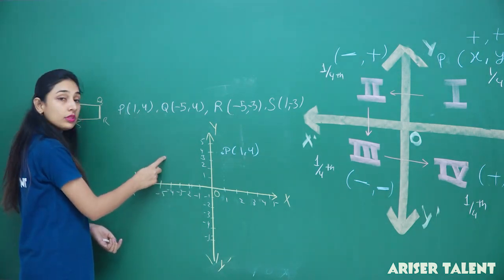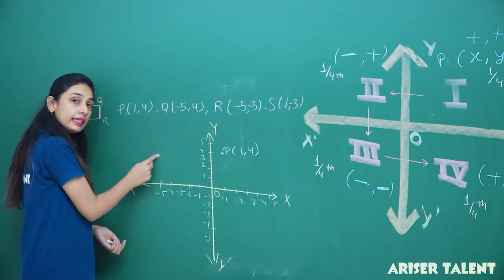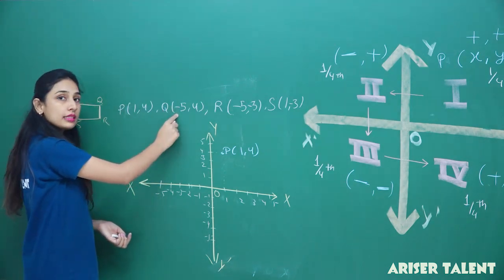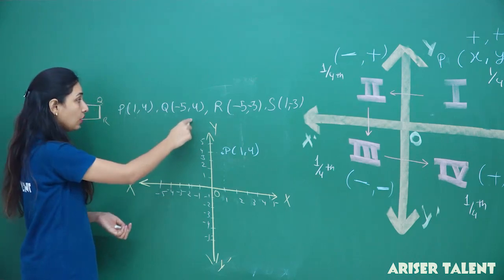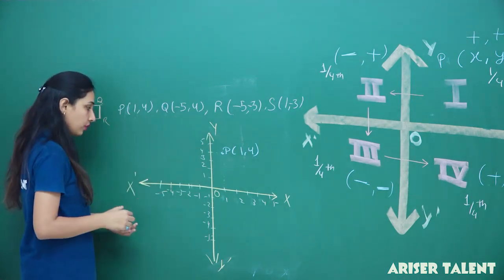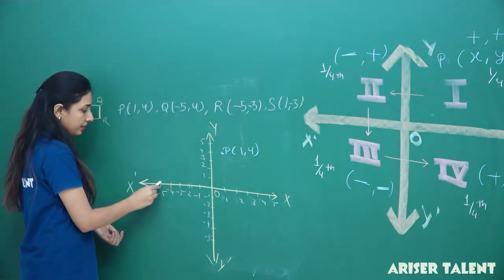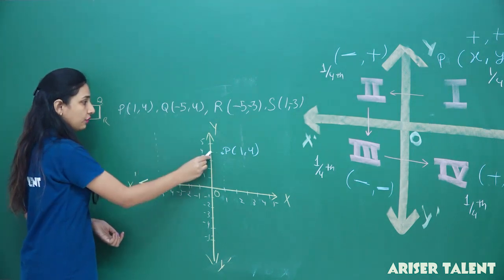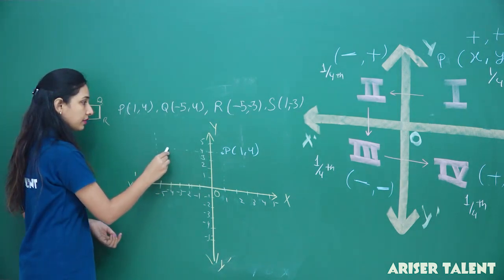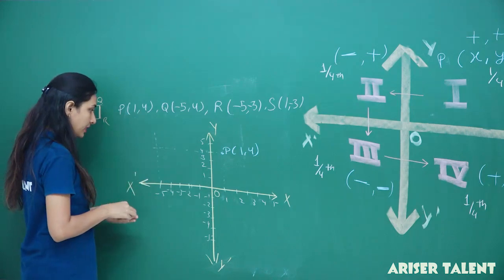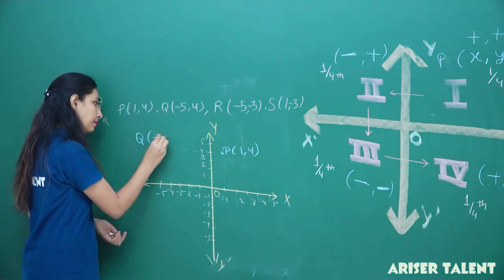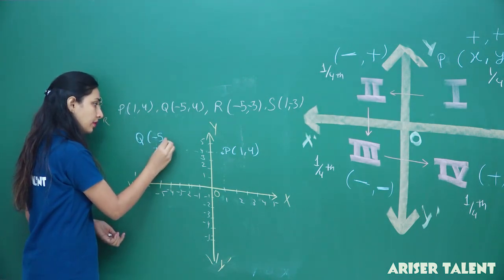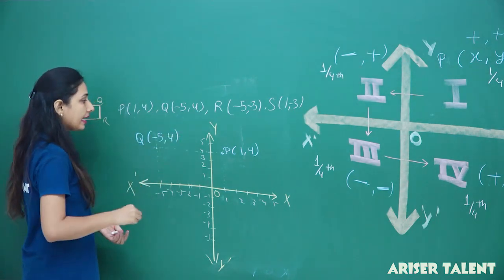So it will be in the second quadrant, where x is negative and y is positive. So -5 is here and 4 is here. So there will be a point here, and that's Q, right guys? (-5, 4), that's the second point.